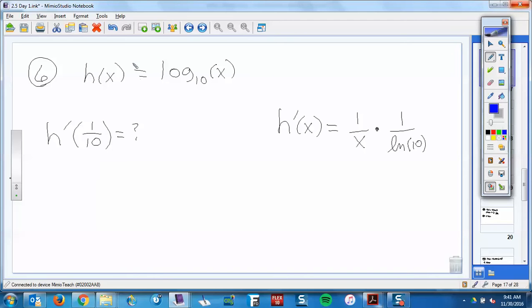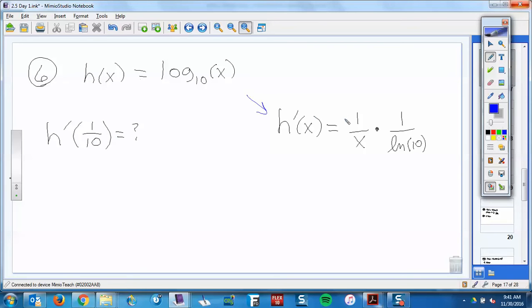So I first have to do h prime of x. The rule says for a log, I do 1 over x, and then I have to tack on a 1 over ln 10, whatever the base is, which is a 10. That's my h prime of x.